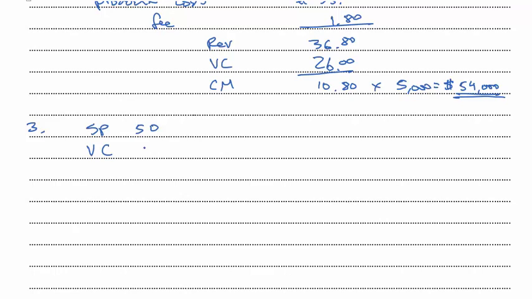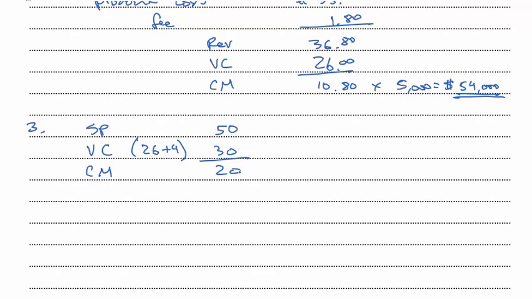So the variable cost is 26 plus 4, 30. So our contribution margin is going to be $20, and that will cover both the fixed manufacturing overhead and the fixed selling expense, which, being fixed, is not relevant to the decision.